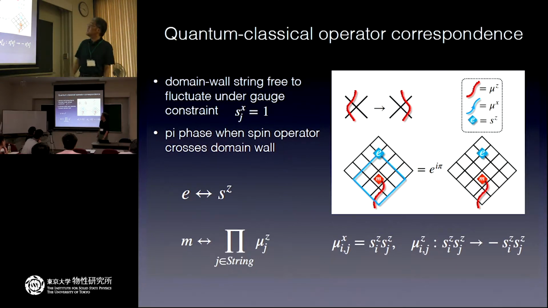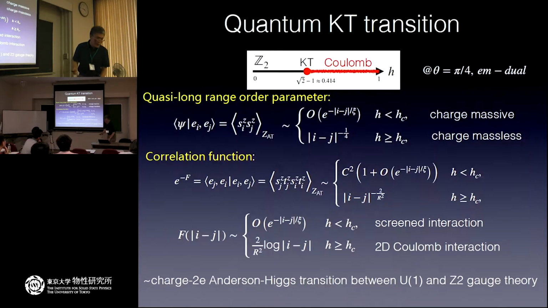Are there any questions? So along the electromagnetic self-dual line, clearly we have a phase transition between the Z2 toric phase and the gapless Coulomb phase. And in this gapless Coulomb phase, we have a quasi-long-range order. The order parameter is the pair of electric charge.